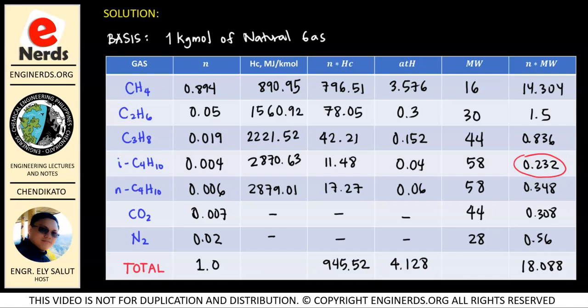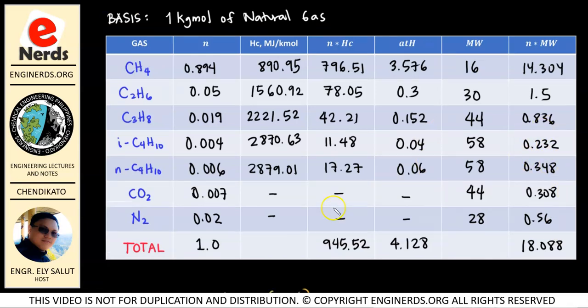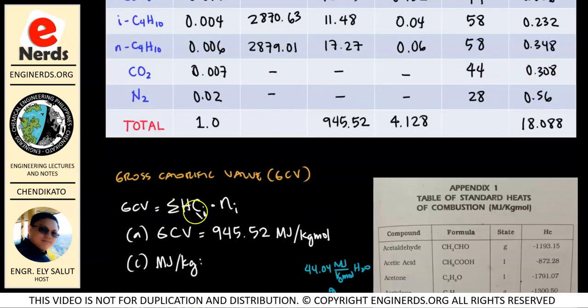And as you can see, kapag inadd natin, our total average molecular weight is 18.088 and nasa book is pareho rin. Okay, so that means mali yung naisulat dito sa book. Okay, so our average molecular weight is equal to 18.088 kilogram per kilogram mole.